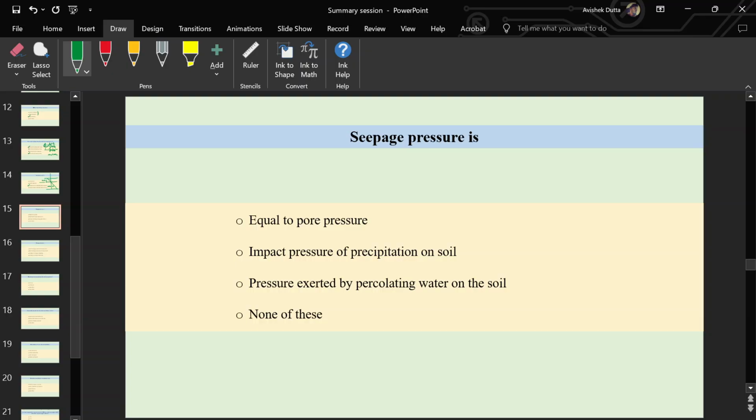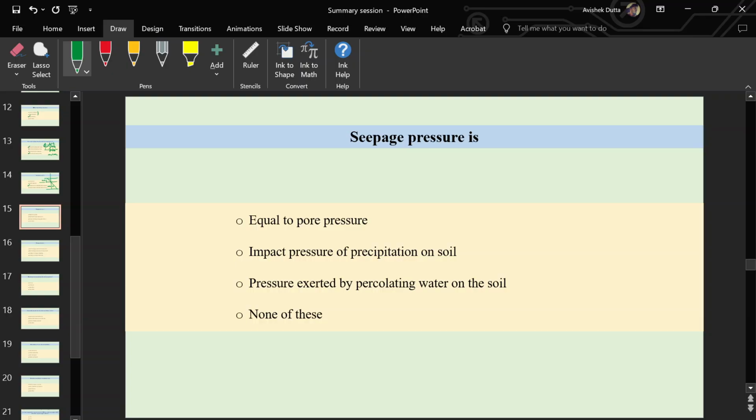So pore pressure is static pressure, water in the void exerting pressure, but when the water is moving, percolating, at that time we call it seepage pressure. Water seeping through the pores inside the soil. Though the concept is similar to pore pressure because we are dealing with water in the voids, in the pores of the soil mass, it is definitely not the pore pressure.